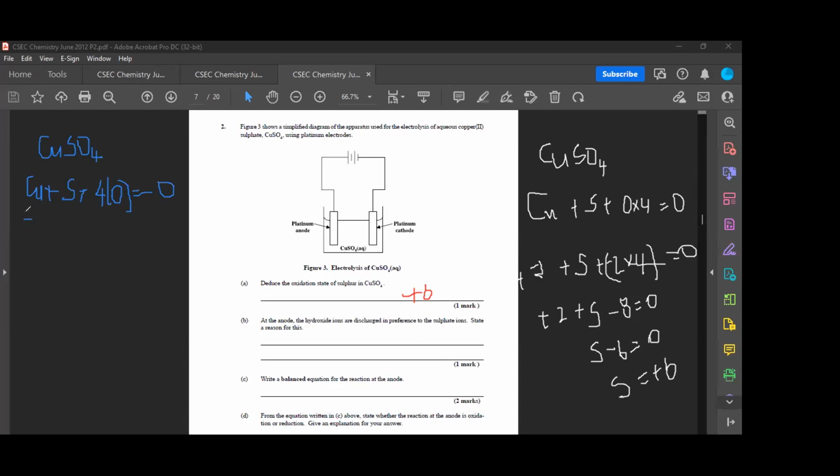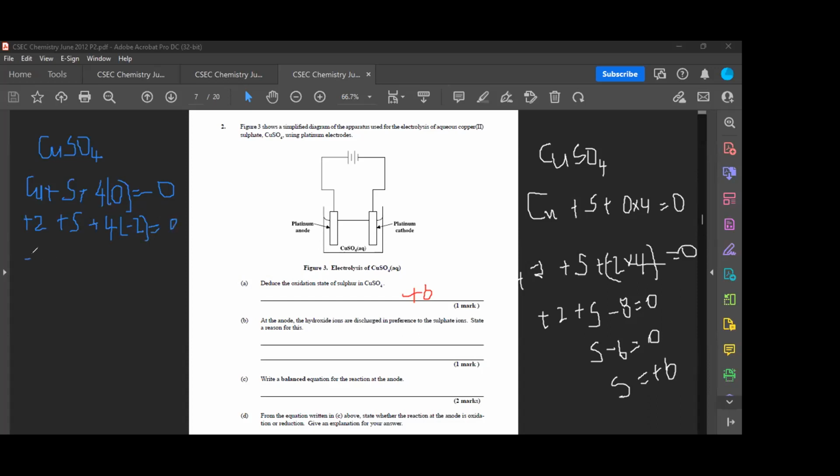Copper, which is plus 2, plus sulfur, which is unknown, plus 4 times minus 2, because that's the charge on oxygen, will be equal to 0.